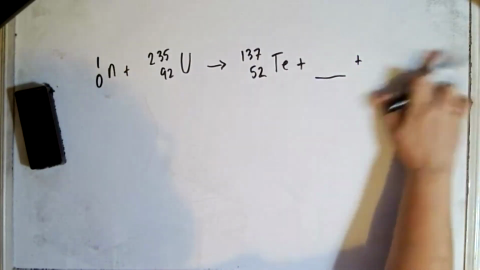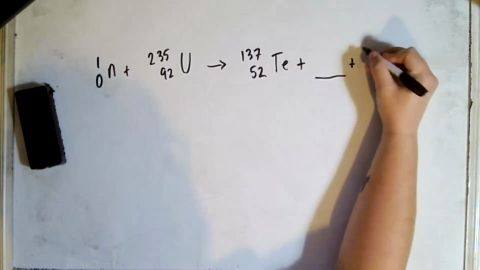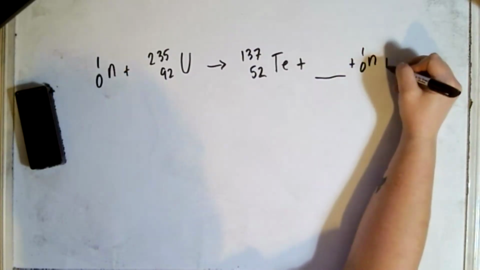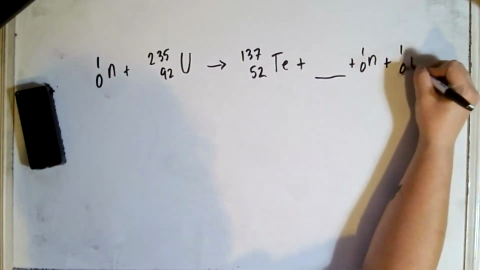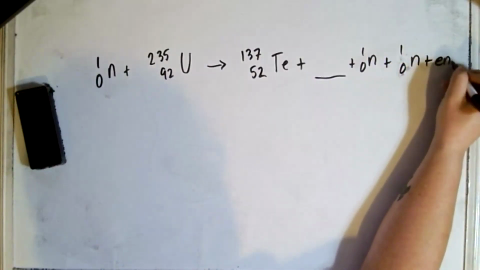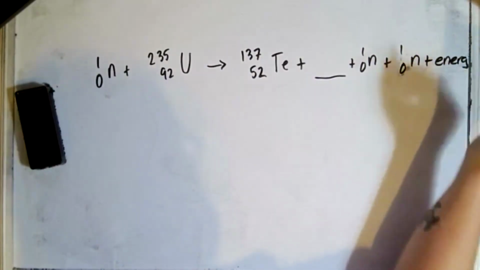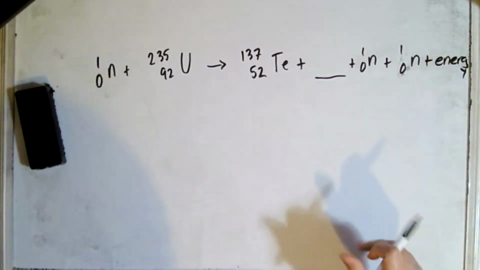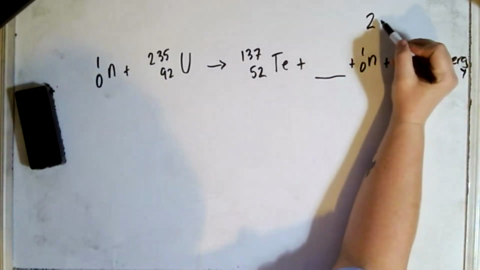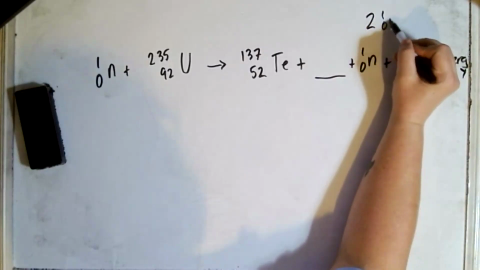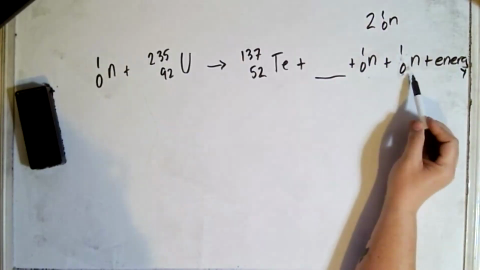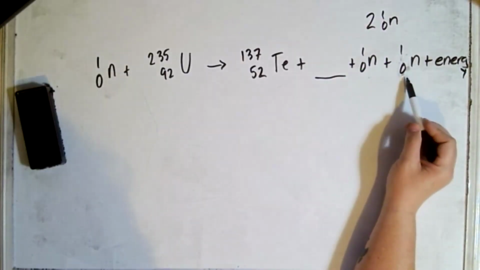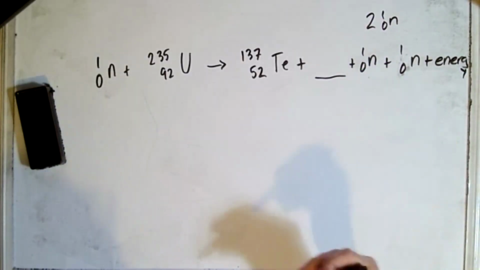So that's kind of like writing this plus this, two of these neutrons plus energy. The way that they gave it to us was 2 1 0 n. But when we want to write it out for our equation, we should write it out individually so that we don't forget it in our overall count.